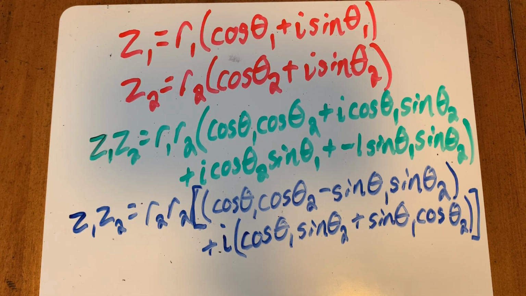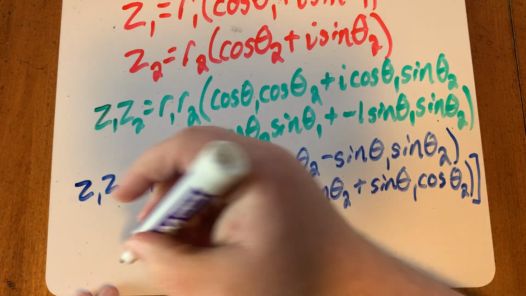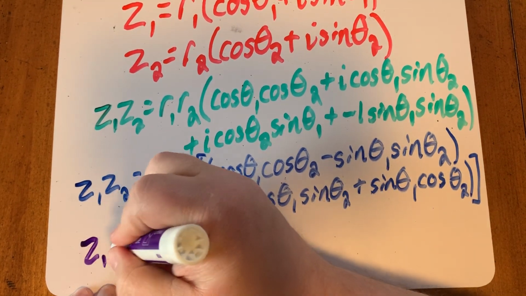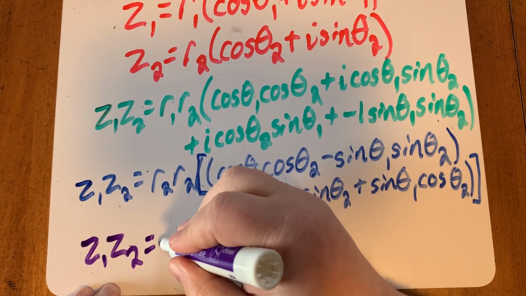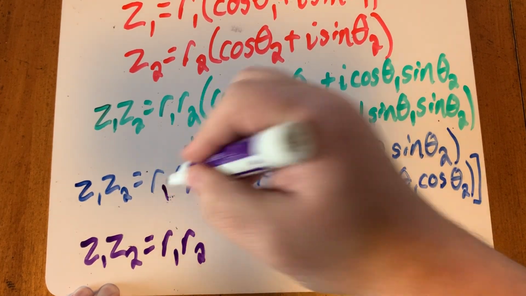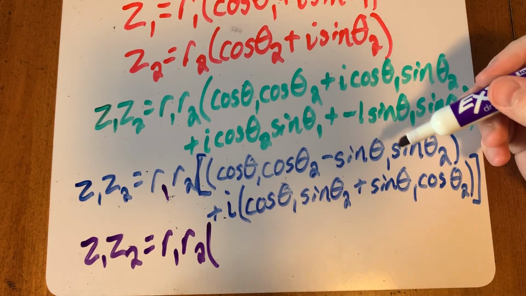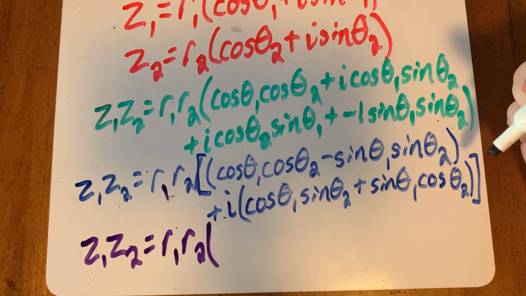Now, wait a minute. These are just some identities that we know. So z1 z2 equals r1 r2 times cosine theta 1 cosine theta 2 minus sine theta 1 sine theta 2.